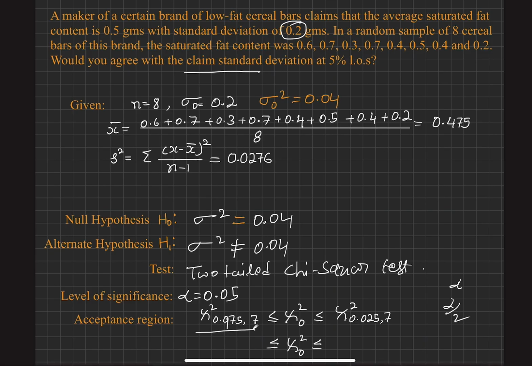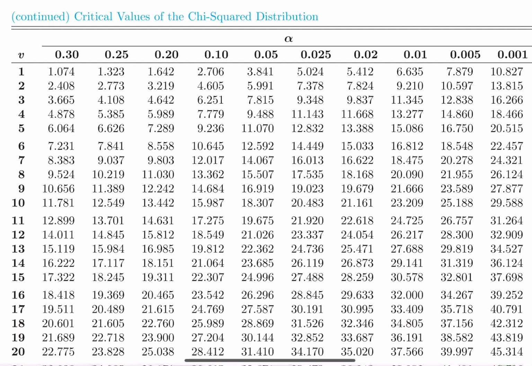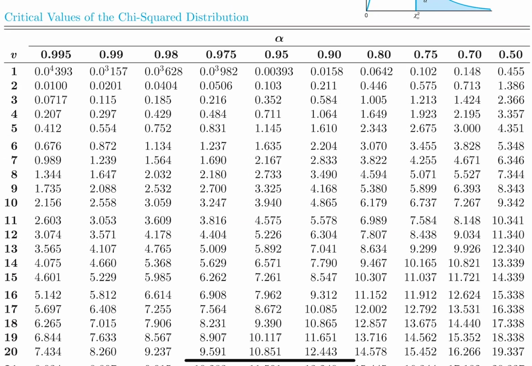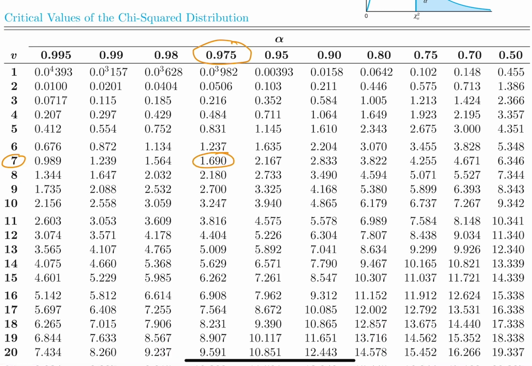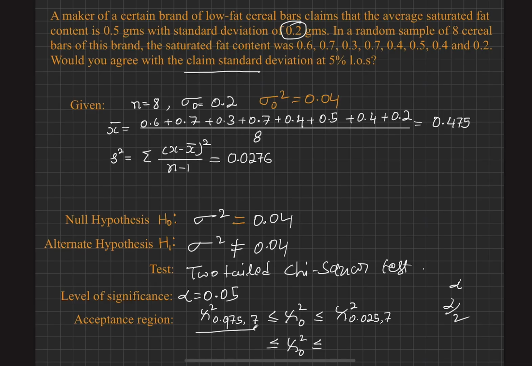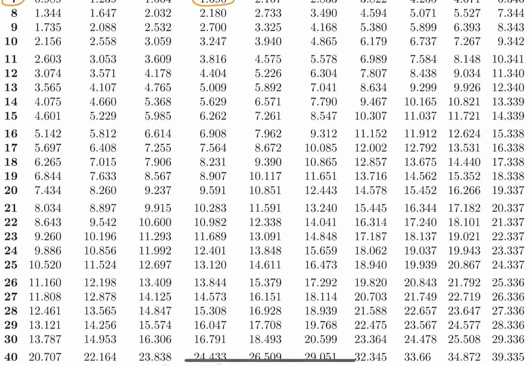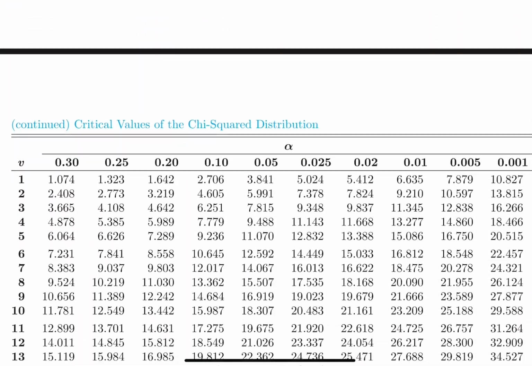Now we determine this value from the table. We want the chi-square value for 0.975. So we have 0.975 and degree of freedom 7, and the corresponding chi-square value is 1.69. So the left side critical value is 1.69. Similarly, for the right side we want the value for 0.025.